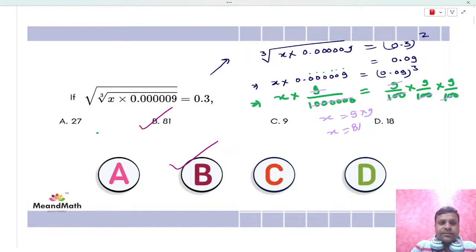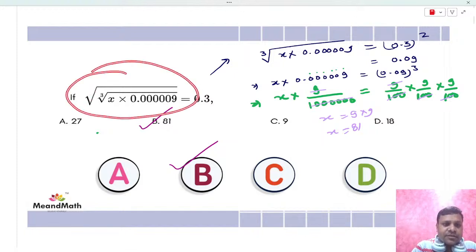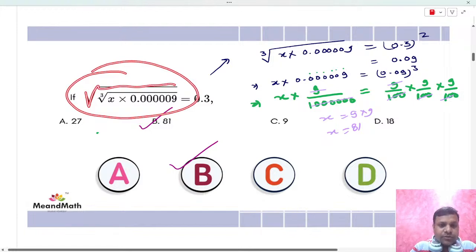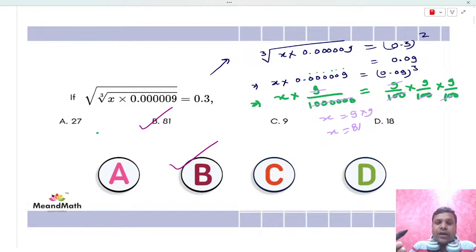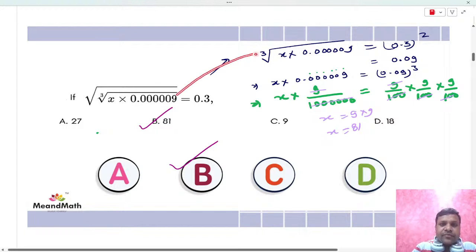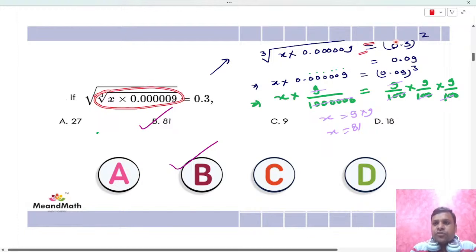So look here. This first one is square root. For removing a square root, we can square on both sides. If I square both sides, this is the first step. So this is equal to 0.3 whole square, and 0.3 whole square is equal to 0.09. Now there is a cube root.